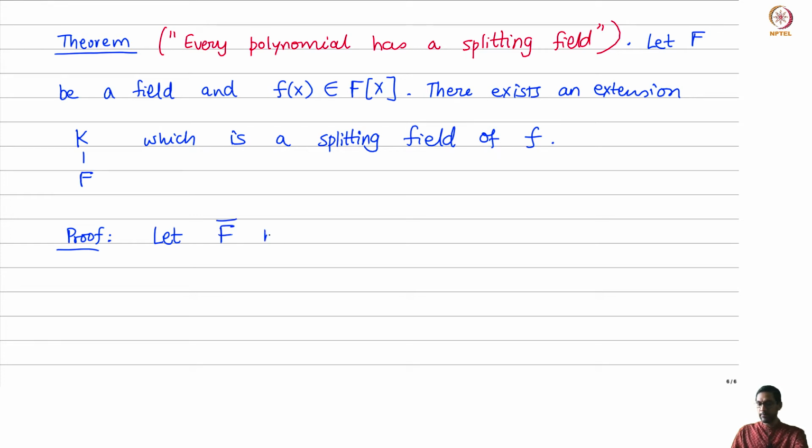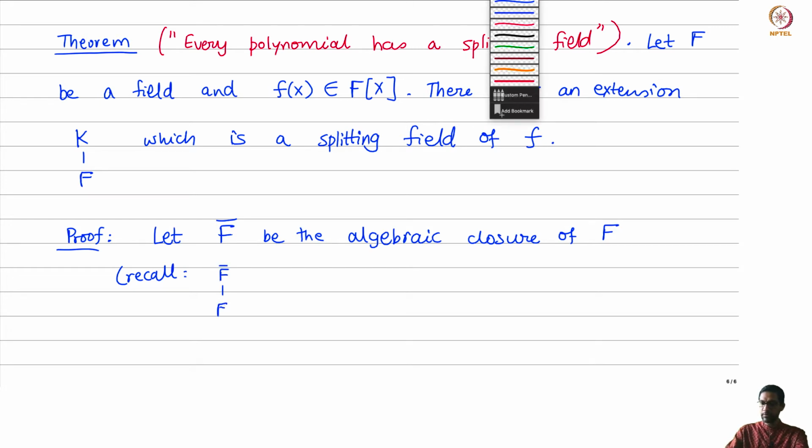Let F bar be the algebraic closure of the field F. So recall that such a thing exists. So what's the algebraic closure? It's an extension of F which has two properties.